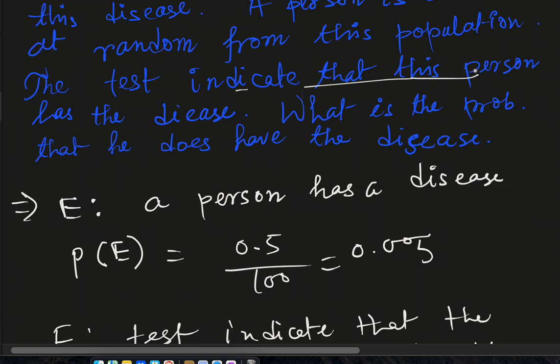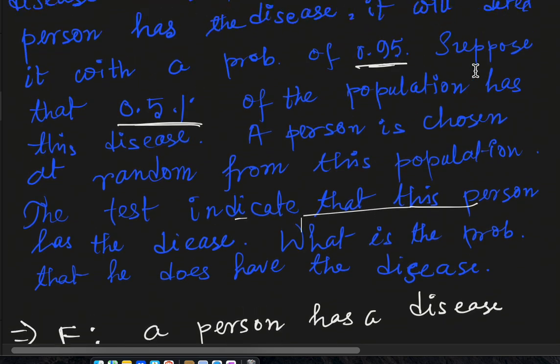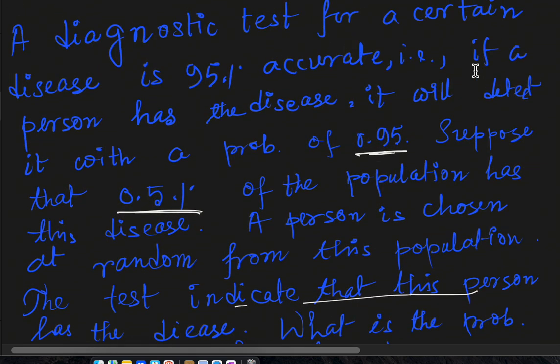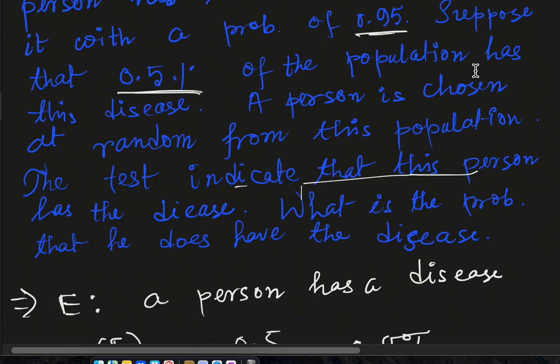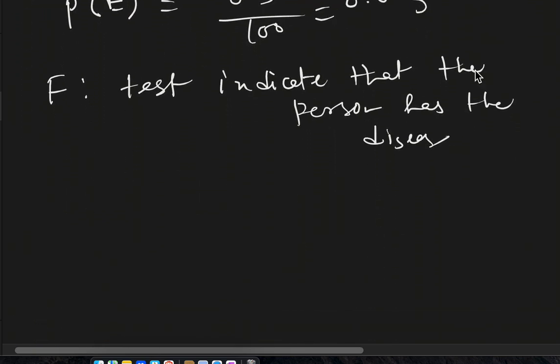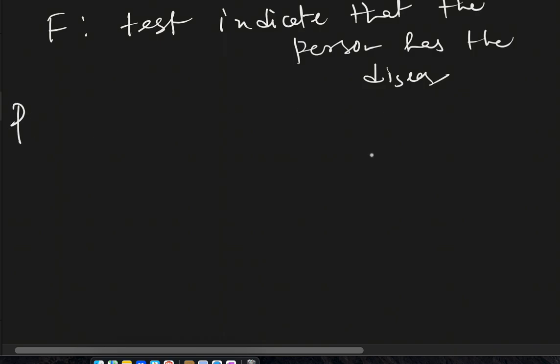Suppose some individual goes to do the test, and the test is actually 95% accurate, and he gets a positive result. That means the test is saying that the individual has this disease. So what is the probability that the individual actually has the disease, given that he has done the test and got a positive result? And you see that the test has a 95% accuracy.